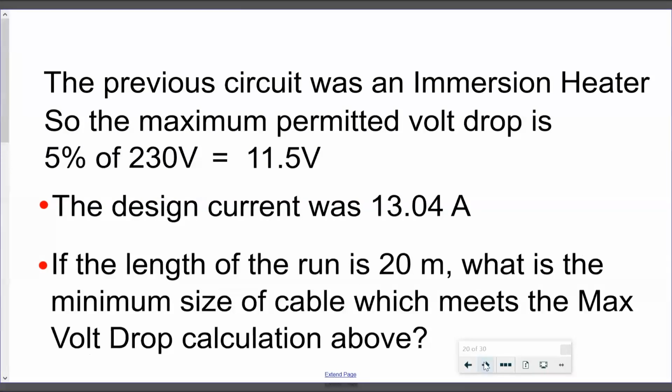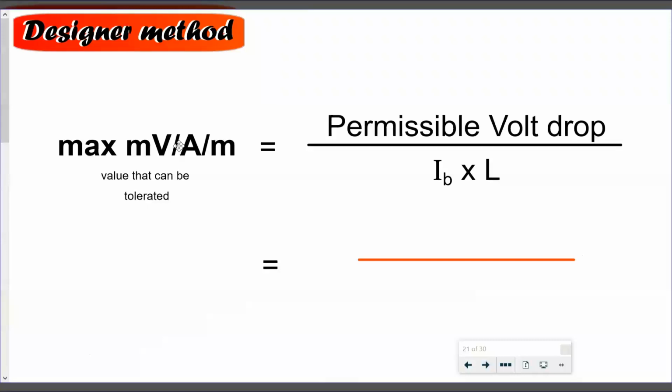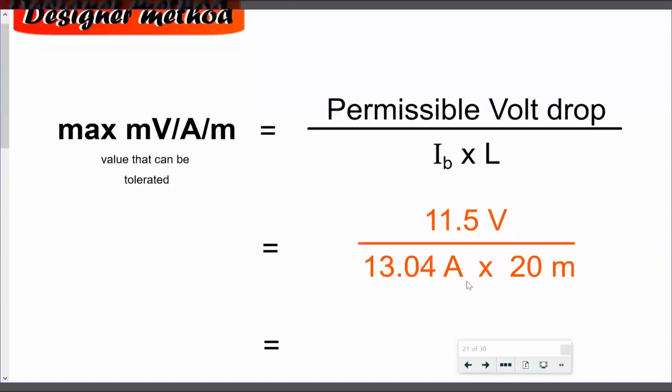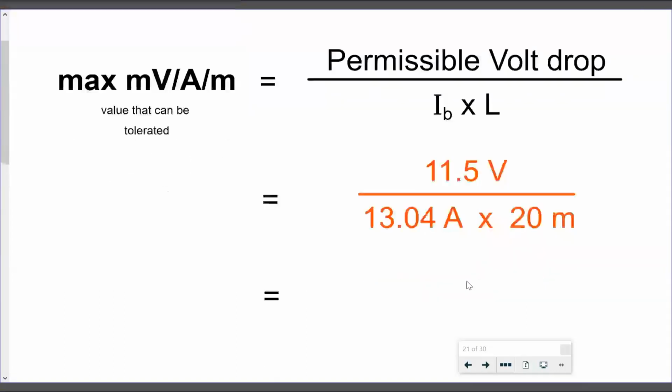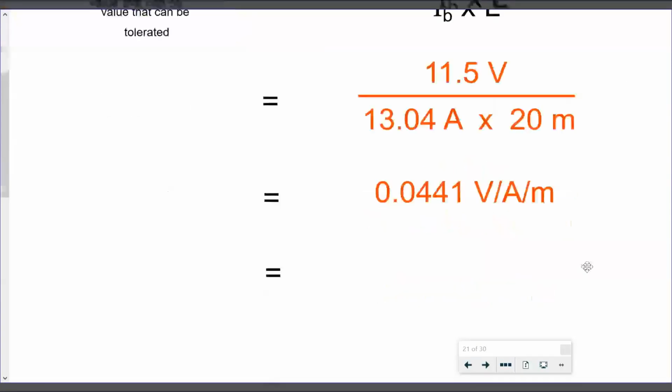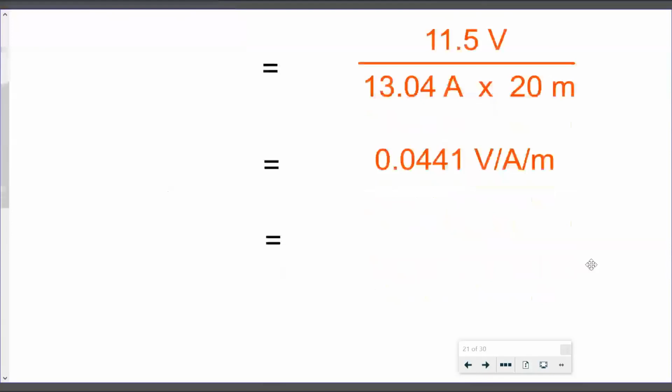So from the information we have, we can take that 11.5 volts, that maximum permissible volt drop, and we can divide it by 13.04 amperes, times the 20 meters. That gives us 0.0441 volts per ampere per meter.